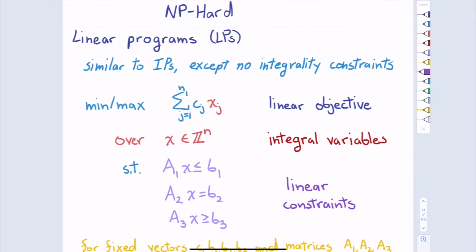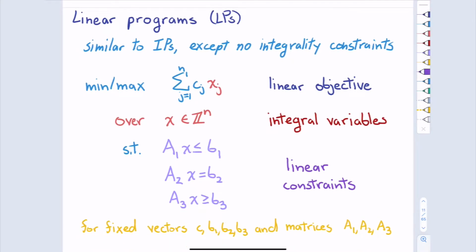So a closely related thing is linear programs, which are just like integer programs in terms of all the input being specified as linear functions. Okay, the only difference now is that instead of optimizing over integers, x is allowed to take on any continuous value.